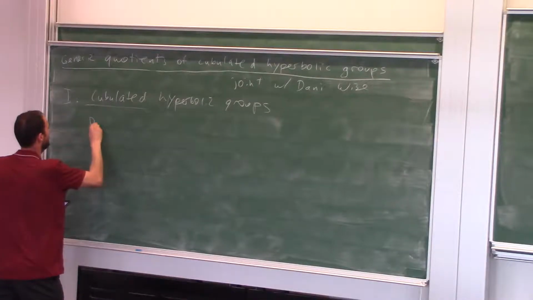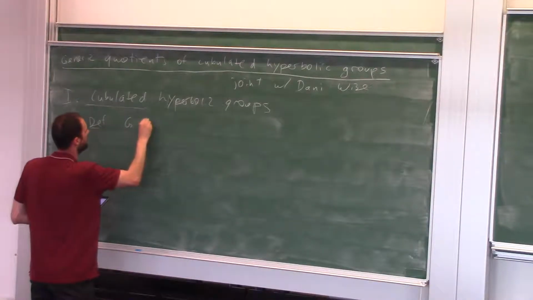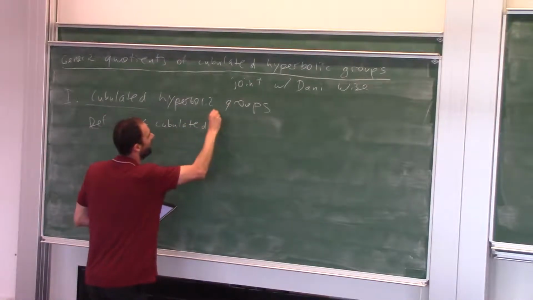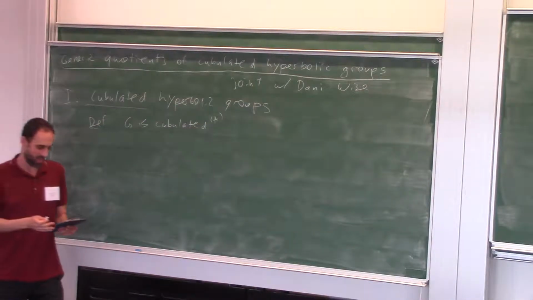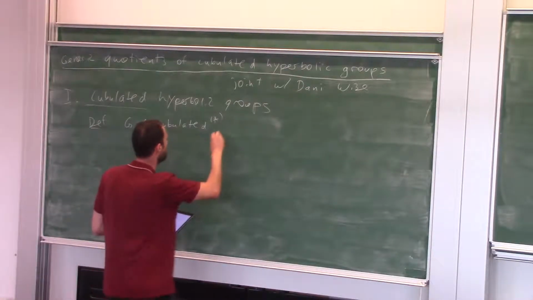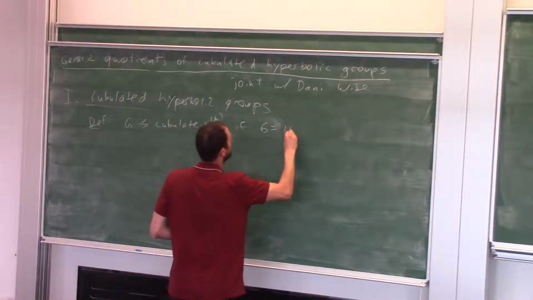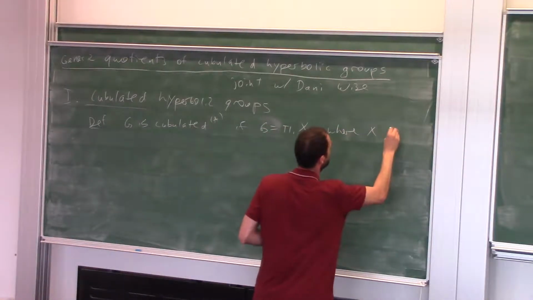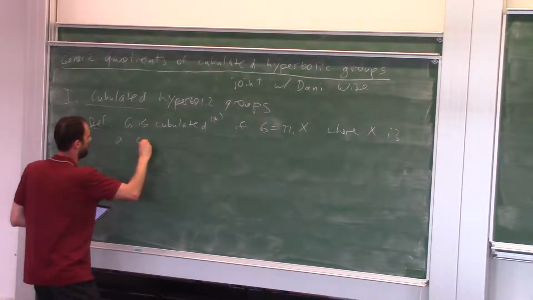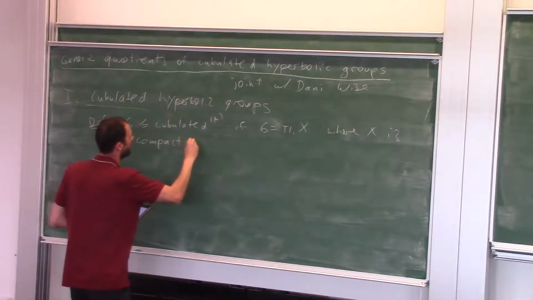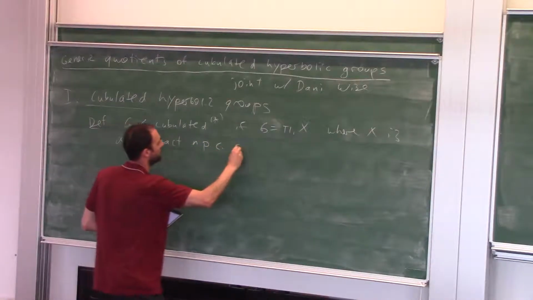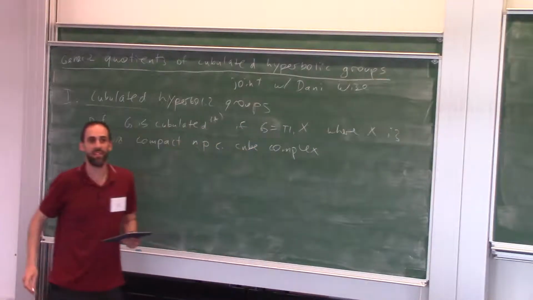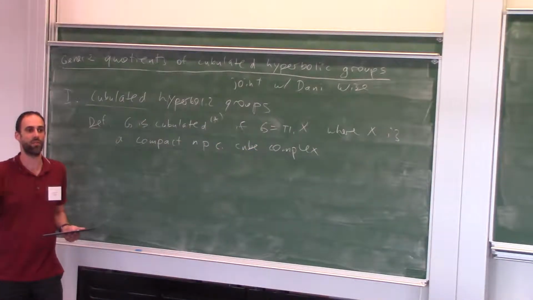So, definition: G is cubulated* (following Jason's lead, I'm going to put a star for the ever so slightly non-standard definition) if G is the fundamental group of X, where X is a compact, non-positively curved cube complex. So the non-standard part of the definition for this talk is that I want my groups to be torsion-free.